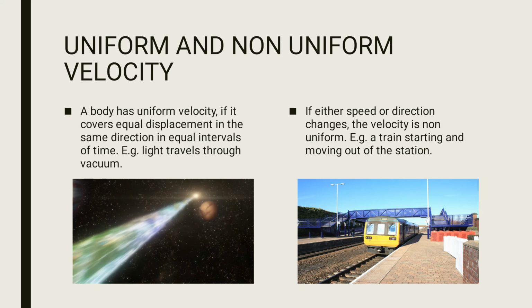By the travel it can reach its maximum speed and again slows its speed when it is near to the railway station, and also it changes the direction according to the track. So, it is the best example of non-uniform velocity.